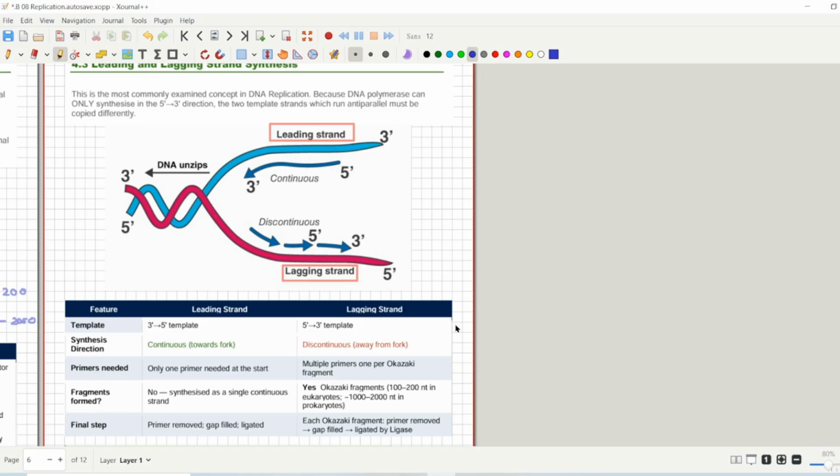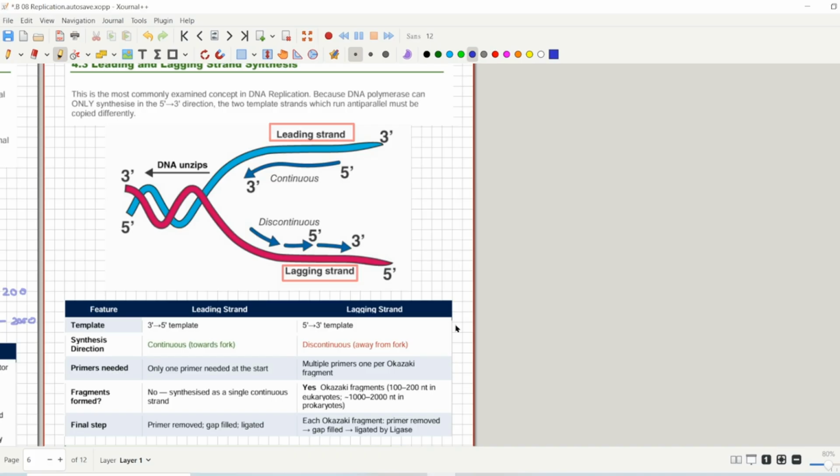If we talk about the final step for the leading strand, then the final step is that the primer would be removed and the gap will be filled. How will the gap be filled? We have already discussed that the gap would be filled by DNA polymerase 1, right? DNA polymerase 1 will replace the RNA primer with DNA nucleotides, right?